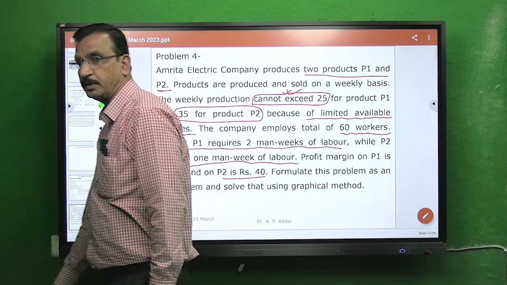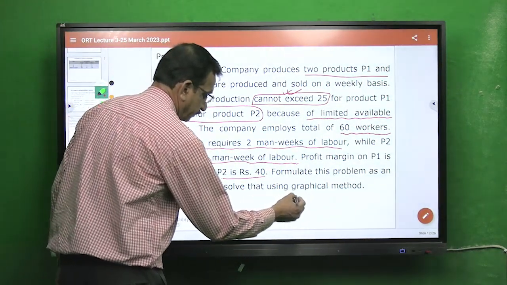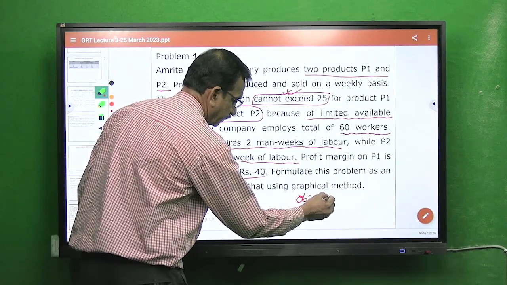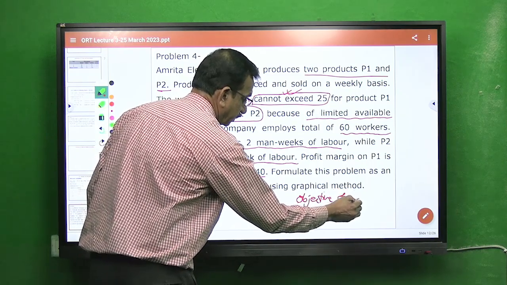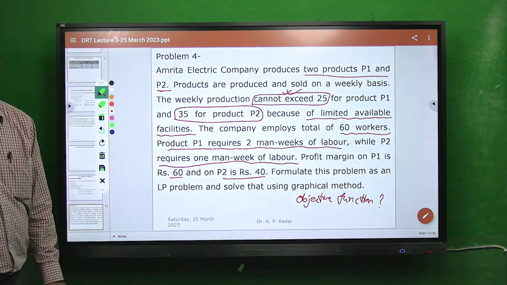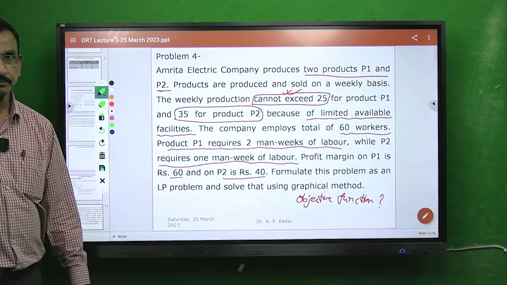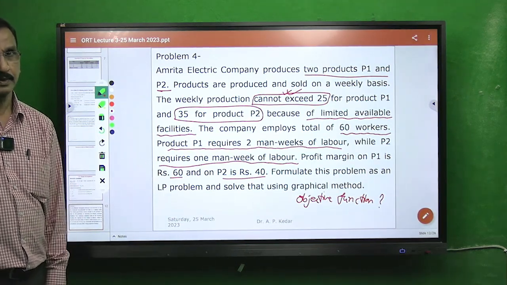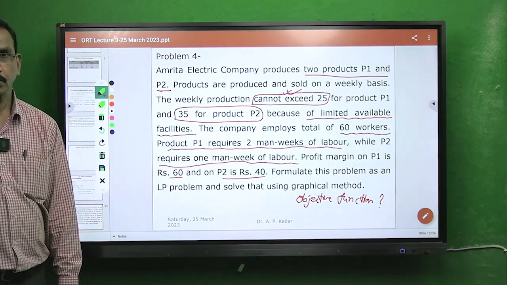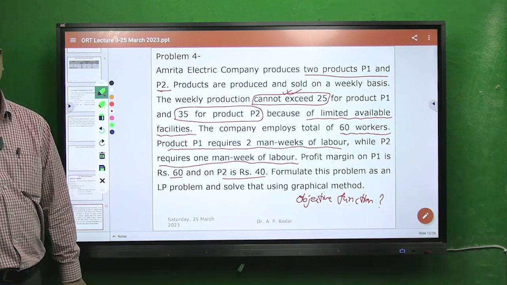Now here in this problem, nothing is mentioned regarding your objective function, that is, to formulate for such and such thing. We have to smell out the problem, and based on the given data we have to identify what the objective function will be, whether it is minimization or maximization, and if it is maximization, of which particular parameter.